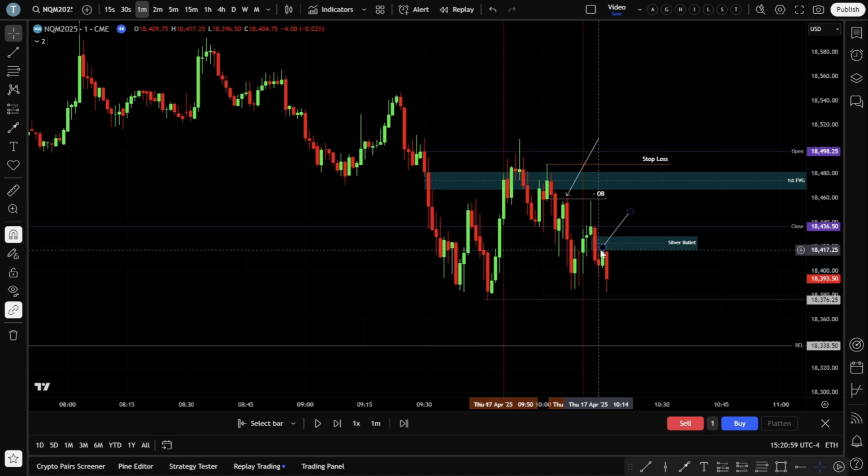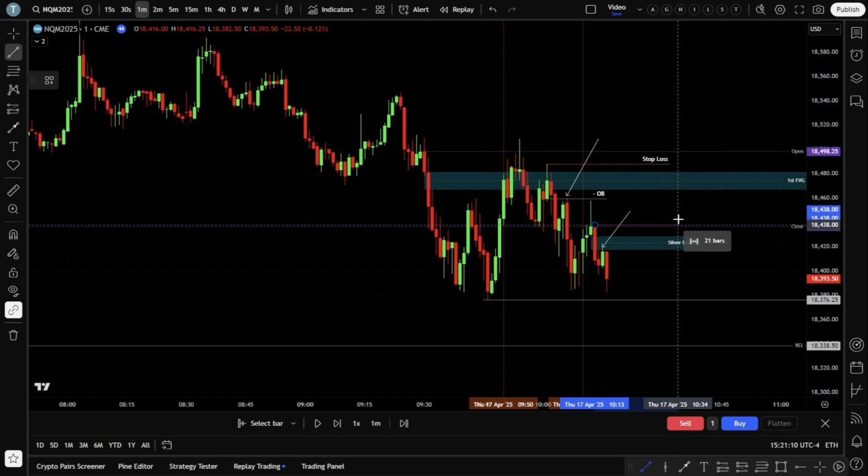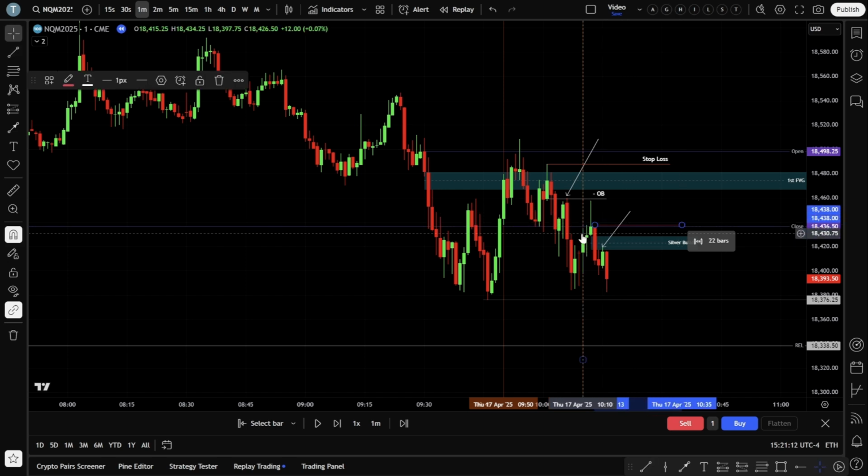Now, if you were getting in short here, where does your stop loss need to be? It at least needs to be above the candle that's creating the fair value gap. So it would at least have to be right here. Now we do have this swing high that's formed. We have this wick, which is relatively large compared to the other wicks here.